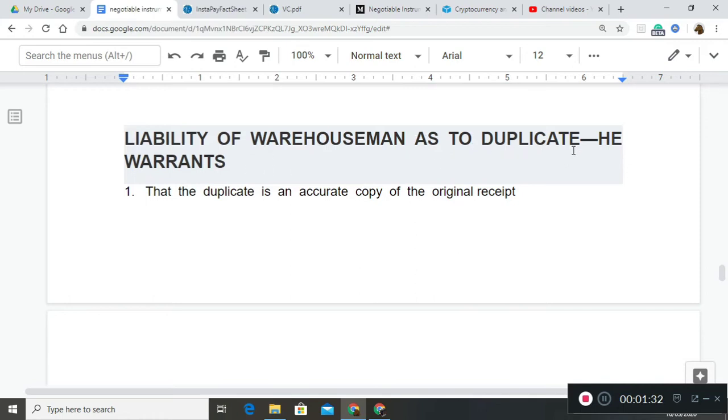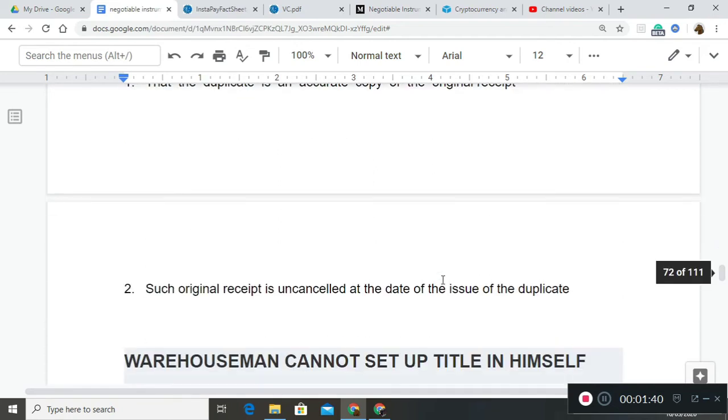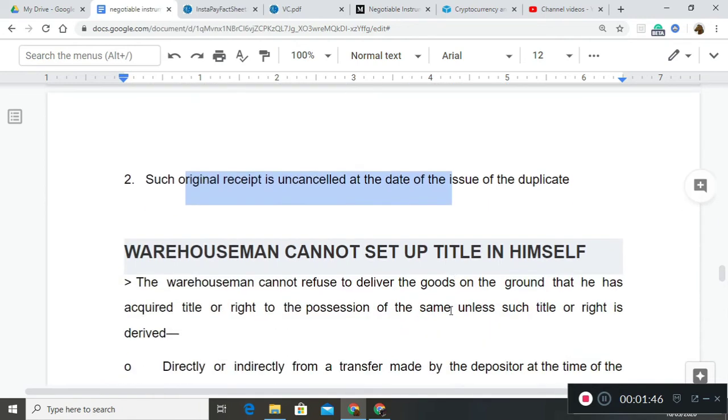As for duplicates, the warehouseman warrants that the duplicate is an accurate copy of the original receipt, and that such original receipt is uncancelled as of the date of the issue of the duplicate.